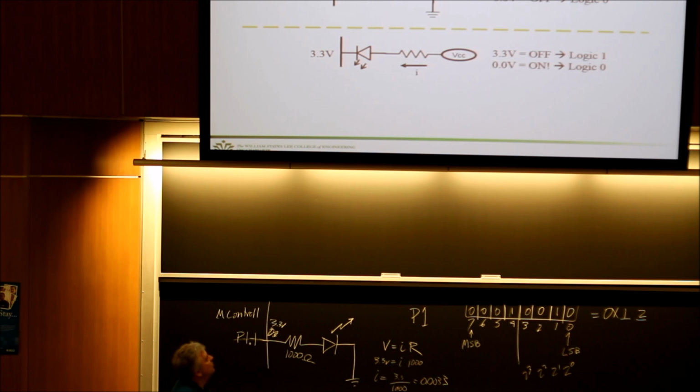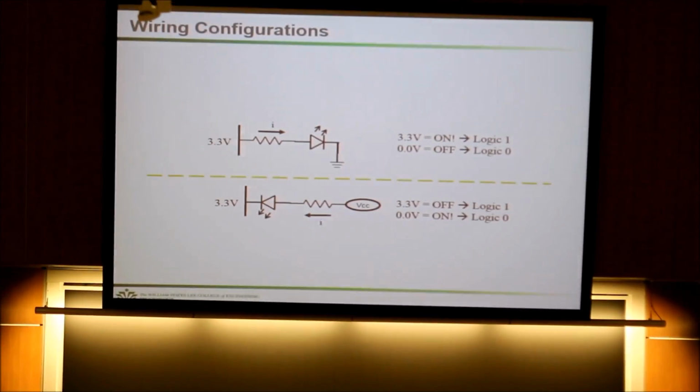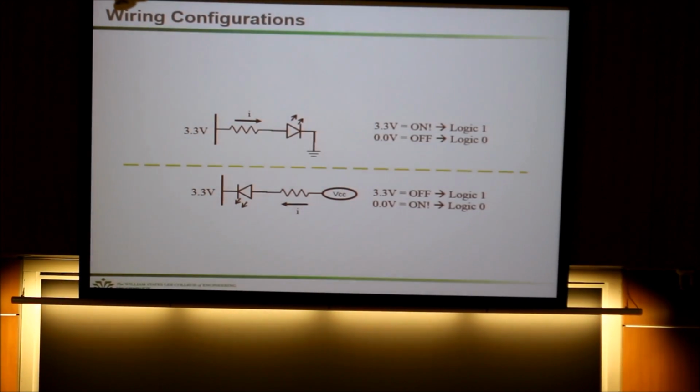Now, you could also wire it in that direction, the one at the bottom. So if it's 3.3 volts on both sides, no flow, but if the microcontroller says it's 0 volts, then there would be a current draw or a current sink. We're going to do all of our designs like the very top.